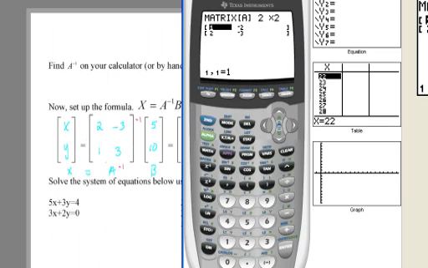It's a 2 by 2 matrix. And 2, enter, negative 3, enter, 1, enter, 3, enter. We've typed it in. So second and quit. So we just put in matrix A.